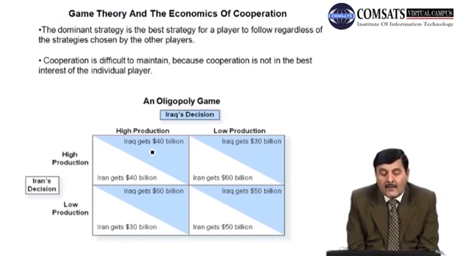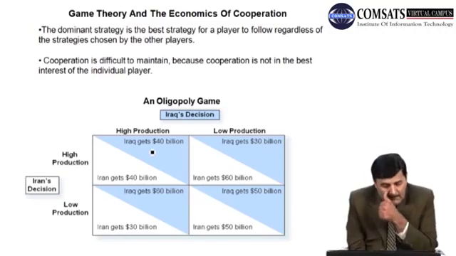And if Iraq's production is high, in the third column, here Iraq gets $60 billion. In the fourth box, Iraq gets $50 billion while producing at a low level, right?